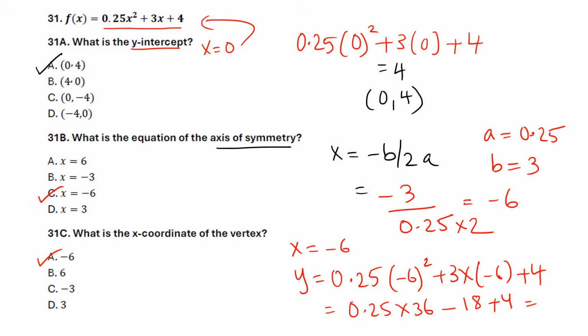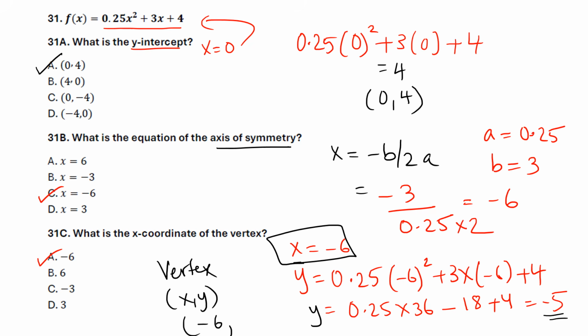So in your calculator, solve this whole equation. 0.25 multiplied with 36, that's 9, minus 18 plus 4, so minus 5. Therefore, we have got the y coordinate as minus 5. So if anybody asks you to find the coordinates of the vertex, both x and y, then x we already got, minus 6, and y is minus 5. So this is how you solve the question.